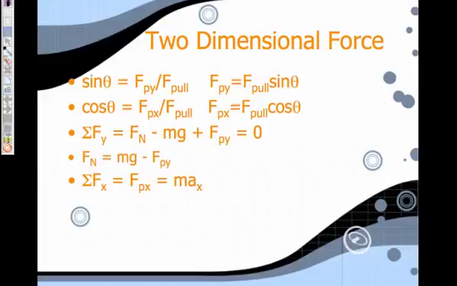When we went down, we felt lighter. If you're pulling up at a certain angle, it's going to make that box feel a little lighter, kind of apparent weight. That's the normal force. And then the x forces, all we have is the F of x in the x direction, and that is equal to ma. I put max just because we're accelerating in the x direction, so you can keep that straight.